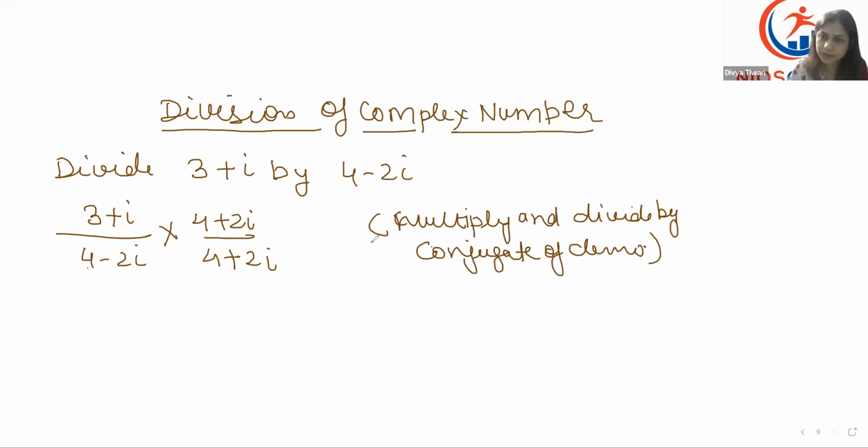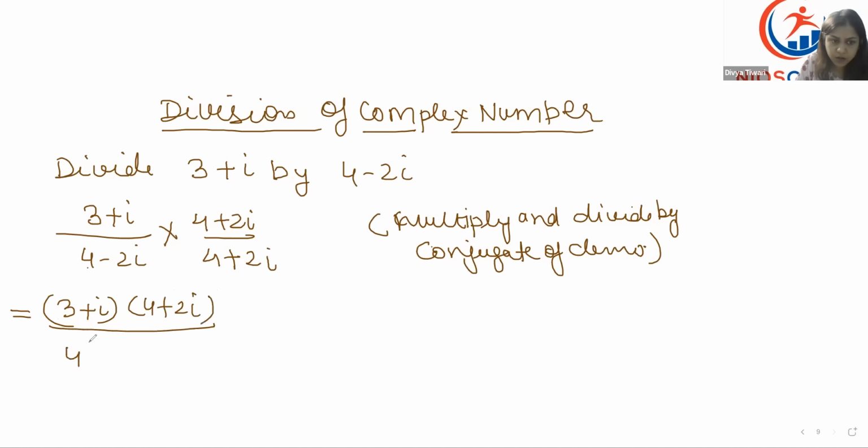I hope it is clear. If it is clear, then it will be in the form (3 plus iota) times (4 plus 2 iota) in the numerator, and in the denominator 4 square minus 2 iota square.